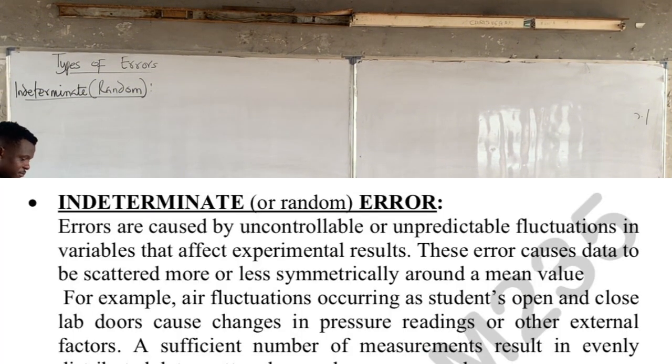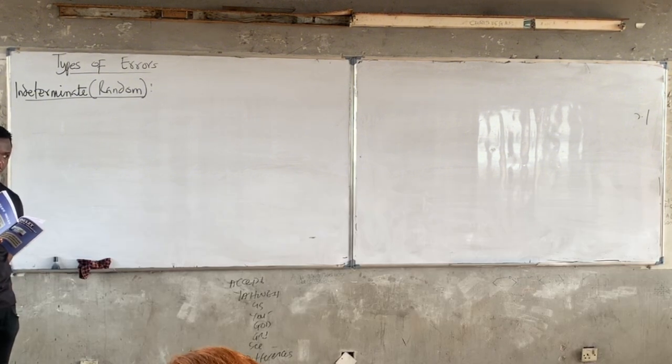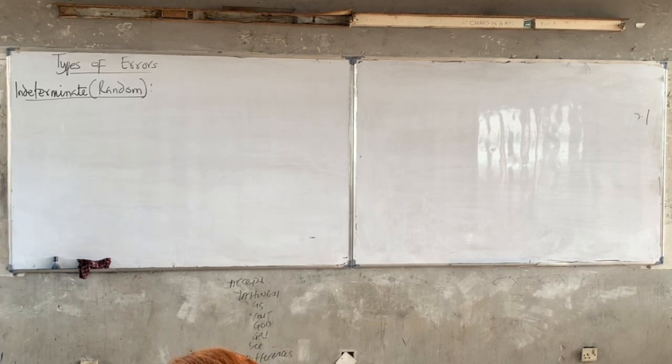Indeterminate errors are errors caused by uncontrollable or unpredictable fluctuations in variables that affect the experimental results.